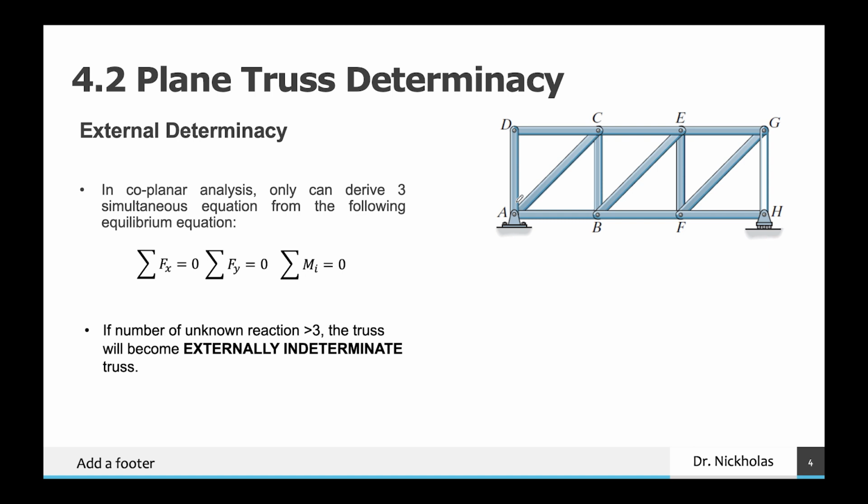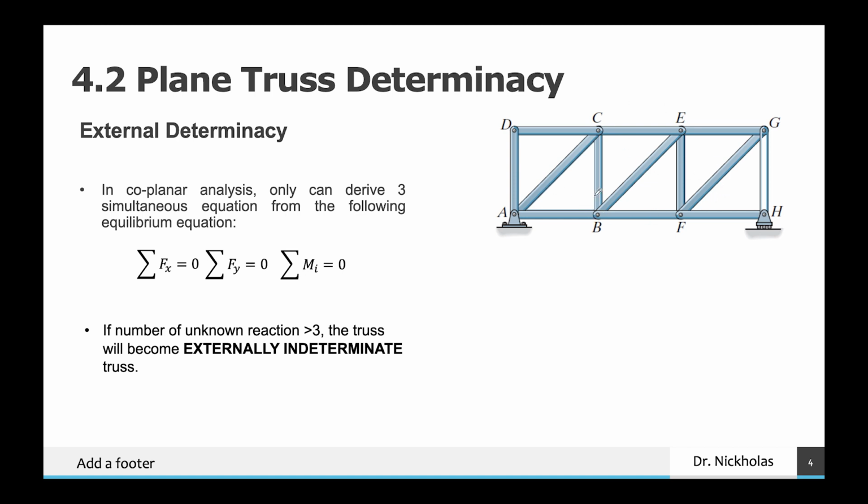So take a look at this example. If we want to determine whether the truss is externally determinate or indeterminate, what we are going to look at is the total number of unknown reactions due to the supports.